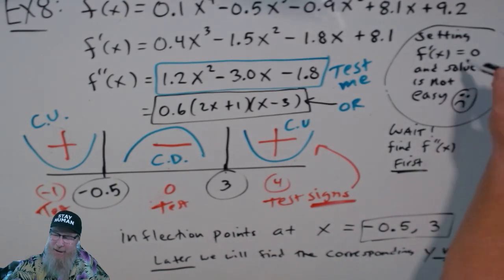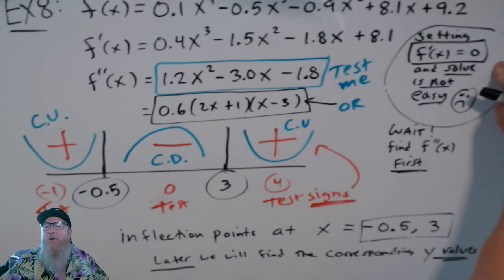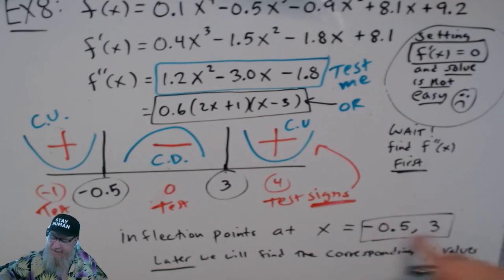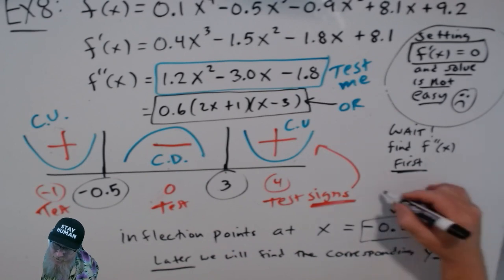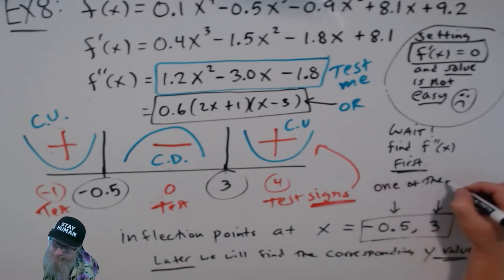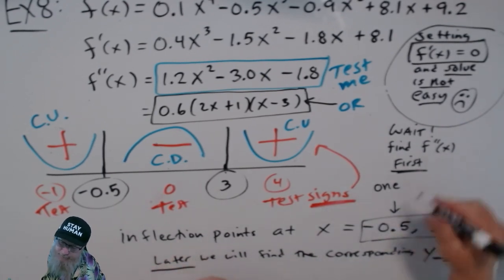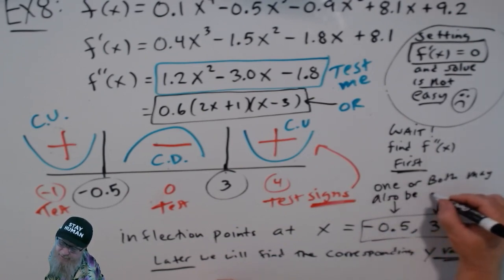All right, well, I was waiting to solve this equation, f prime of x equals 0. And the reason why I was waiting is because I wanted to find these ones first. And then now, one of these or both of them possibly may also be critical values.